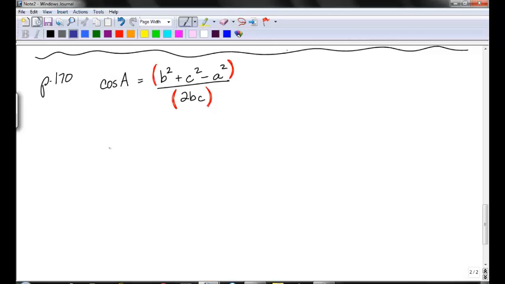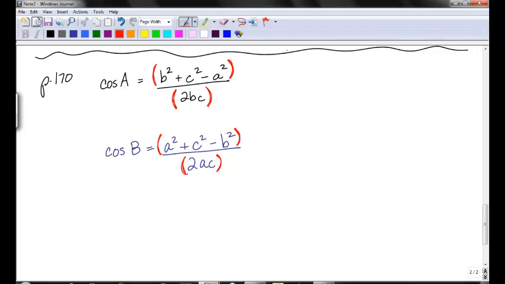Same idea if you're trying to solve for angle B. It's a squared plus c squared minus b squared, and it's all over 2ac. And make sure you put parentheses here and here on your card.